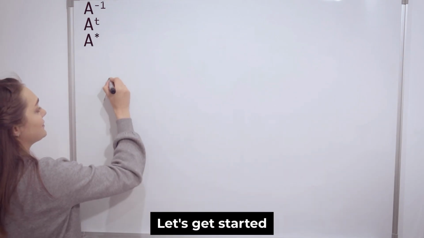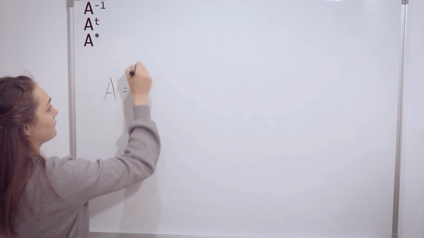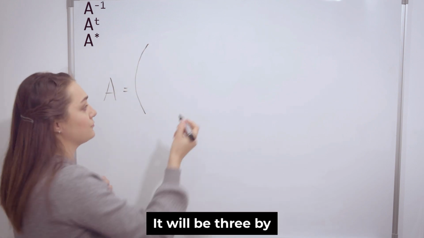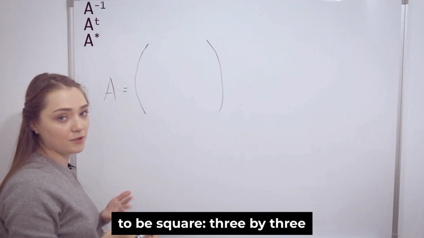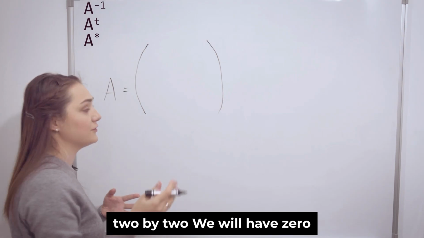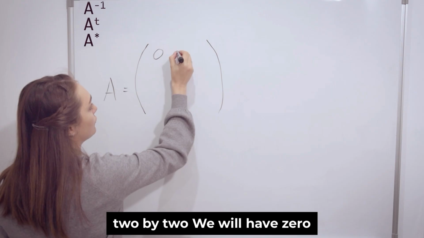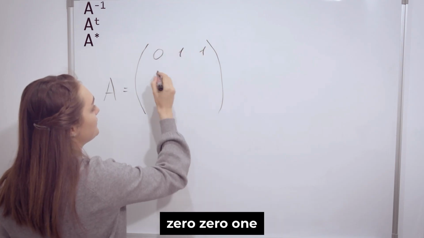Let's get started. We have matrix A. It'll be 3 by 3. In order to find the inverse matrix, we need this matrix to be square, 3 by 3, 2 by 2. We will have 0, 1, 1, 1, 0, 0, and 0, 0, 1.